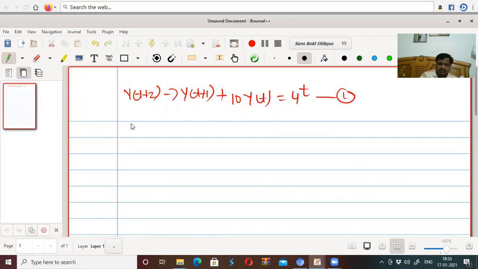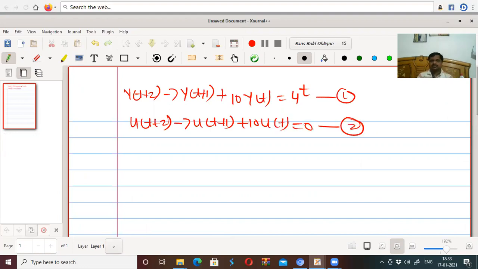The corresponding homogeneous equation becomes u of t plus 2 minus 7 u of t plus 1 plus 10 u of t equal to 0. Now this can be written as E square minus 7E plus 10 operating on u of t equal to 0.